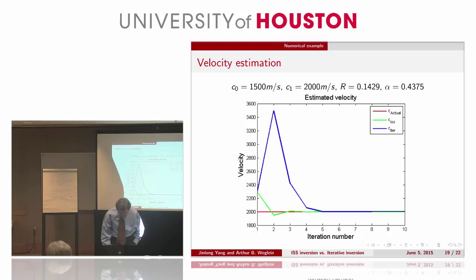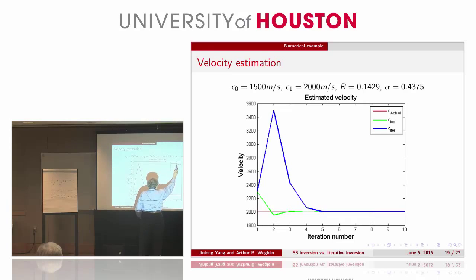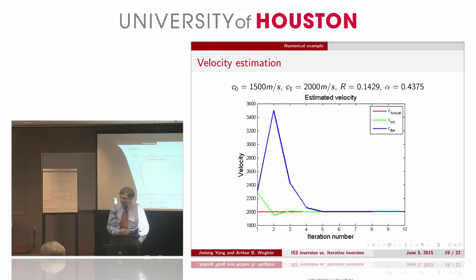This is velocity estimation for a case where, in convergence, C actual is this, and this is the iterative, and this is ISS. For when it works, with a small reflection coefficient, they both work, but they don't work at the same rate, as you can see.